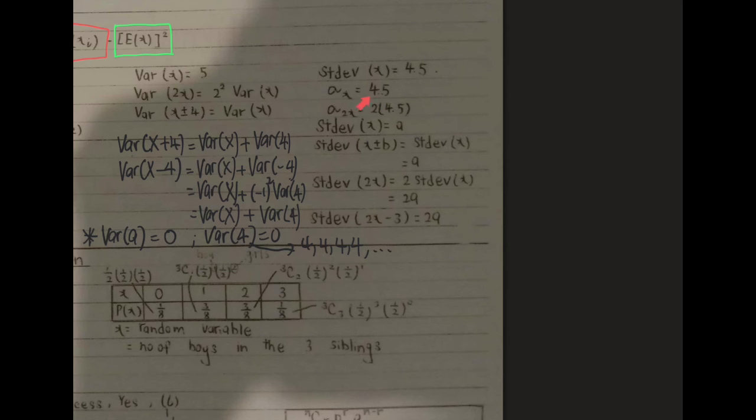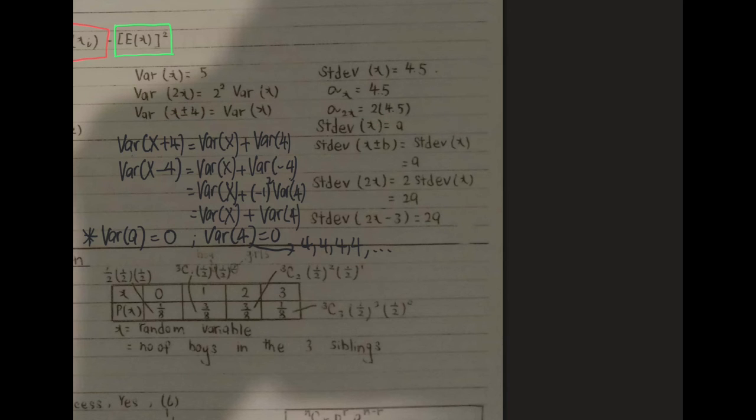Sigma 2x is 2 times 4.5. You see the difference between variance and standard deviation. When you multiply x by 2 in variance, you need to square the 2. This one, no need to square because standard deviation doesn't involve squares. So times 2, just times 2 only. This one times 2 squared. So make sure you see the difference.